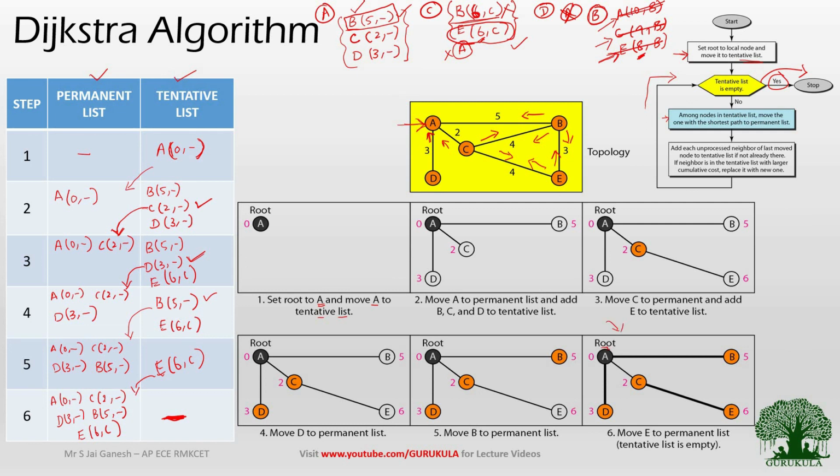As you can see, the root node can now travel to all other remaining nodes in the network with the lowest path available. The lowest cost to reach B is 5, the lowest cost to reach C is 2, the lowest cost to reach E is 6, and the lowest cost to reach D is 3. And this is what we call the shortest path tree, which has been formulated by using Dijkstra's algorithm.